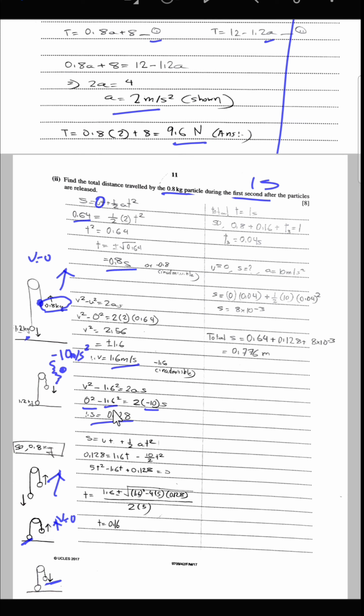For this maximum height, we know the initial speed is 1.6 meter per second and the acceleration is 10.